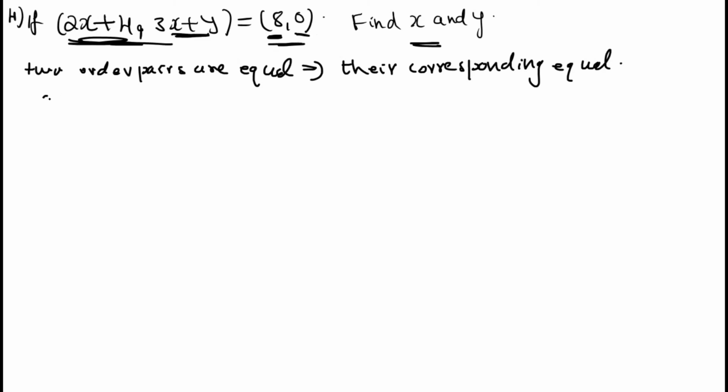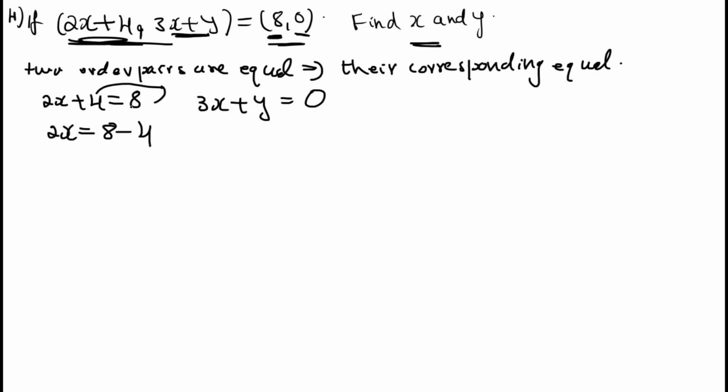What's the first element? 2x + 4 is equal to, here the first element is 8. The second element, that is 3x + y, is equal to, on the right hand side, the second element 0. Okay, 2x is equal to 8 minus 4, taking 4 to the RHS. Then 2x is equal to 4. x is equal to 4 by 2.